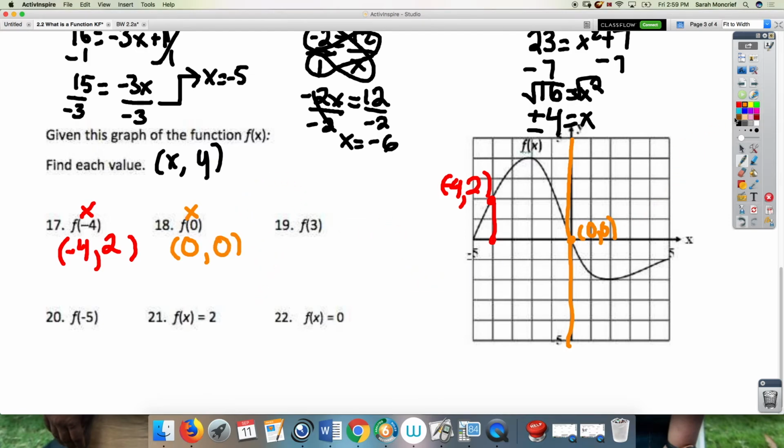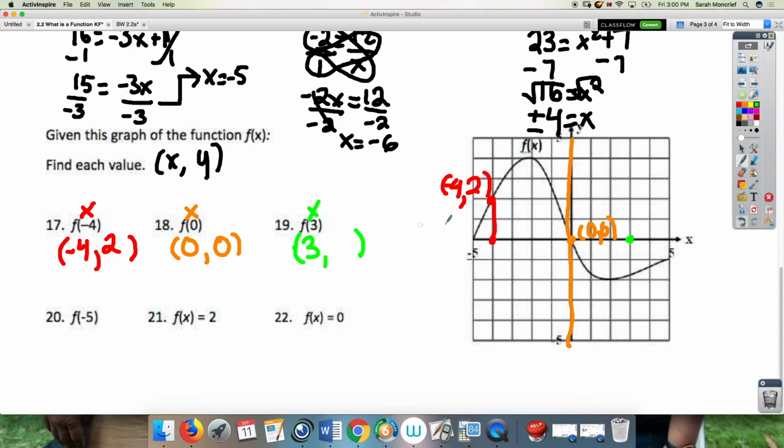Now let's look at 19. We were given f of 3. Did they give me an input or an output? Input, because it's inside the parentheses. So if it's an input, is it an x or a y? X. So let's go ahead and write my ordered pair. We have 3 in the x spot, comma, whatever that's going to be. So let's go find 3 on my x-axis. 1, 2, 3. Here it is.